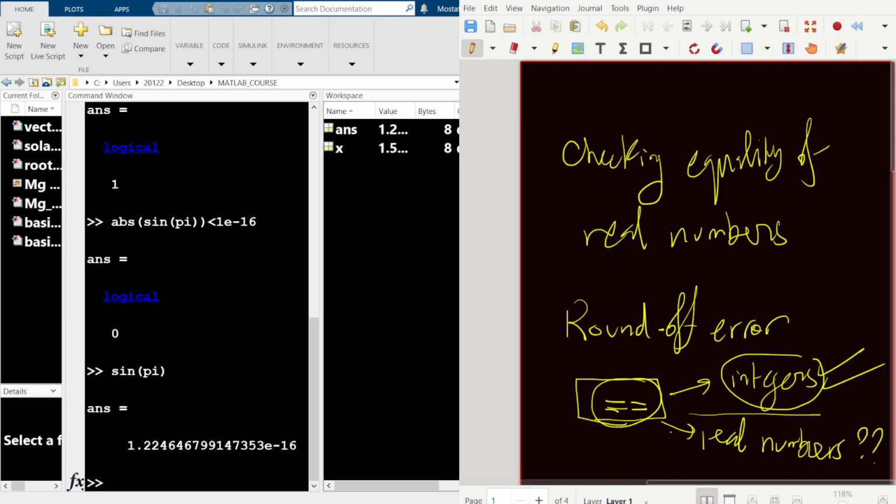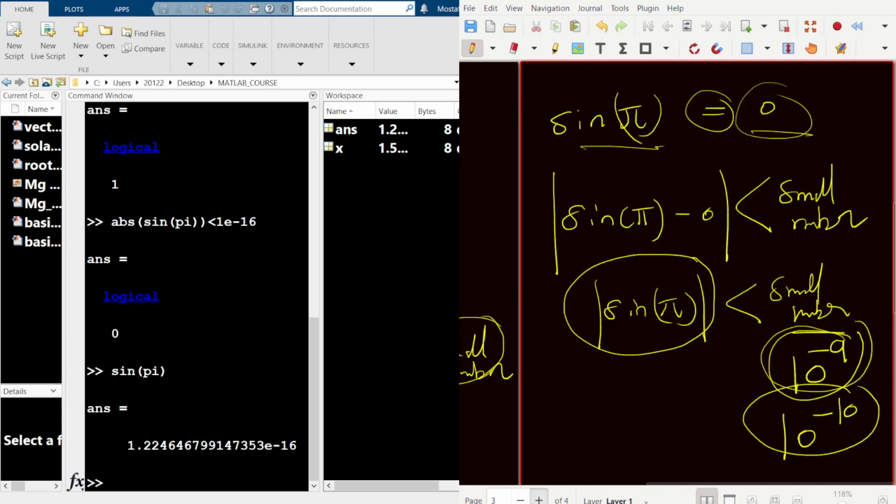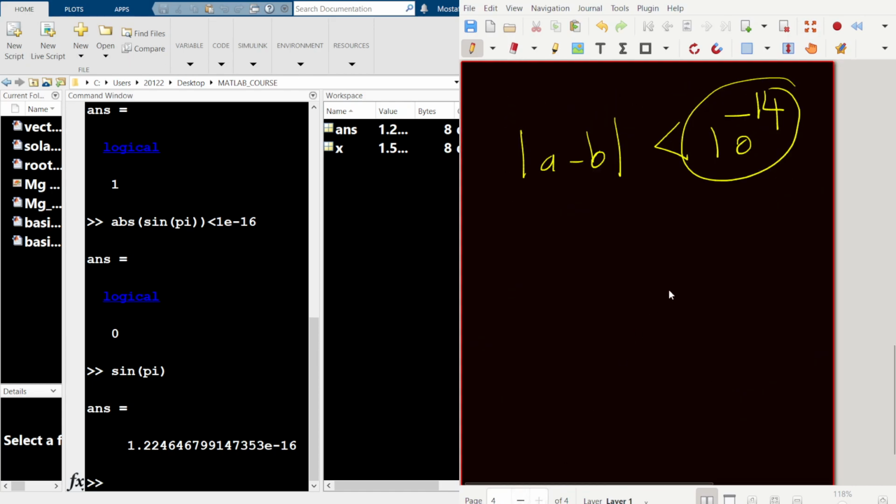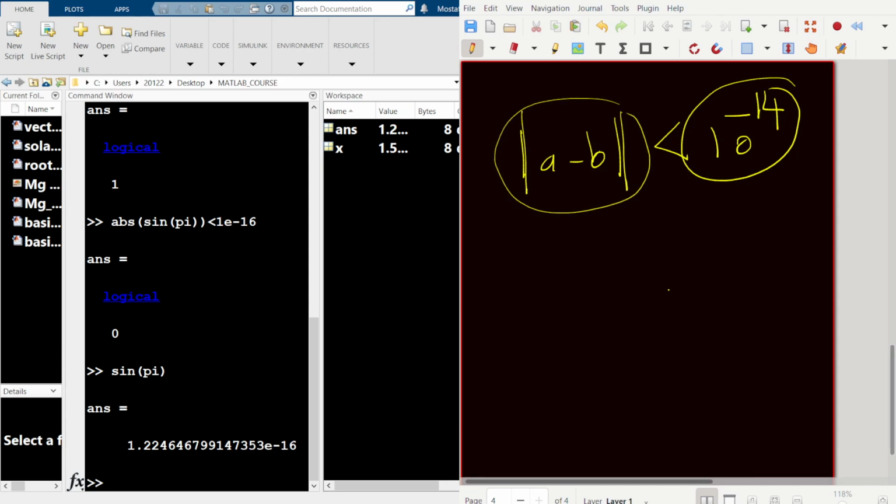But if the numbers are real numbers, then because of round-off error, you must check that the difference between these two numbers in an absolute sense is less than some small number. And the recommended small number in typical engineering and scientific practice is 10 raised to the power negative 14.